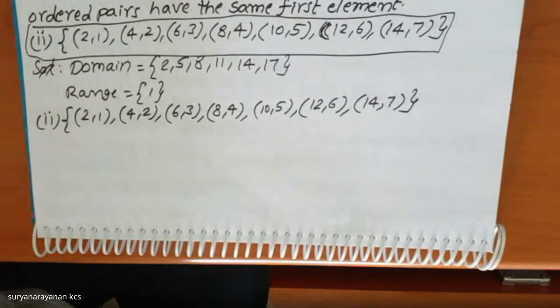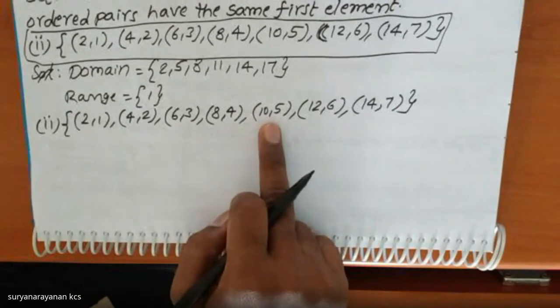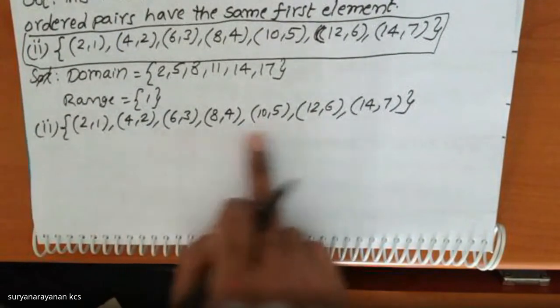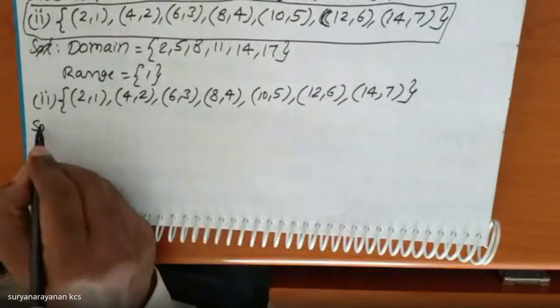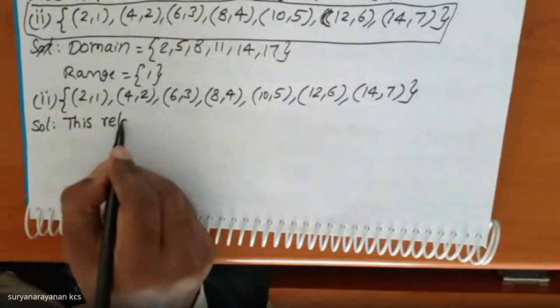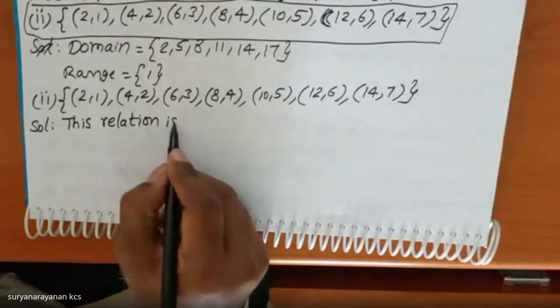Yes. This is also a function because no two distinct ordered pairs have the same first element. Yes or no? So this relation is a function.